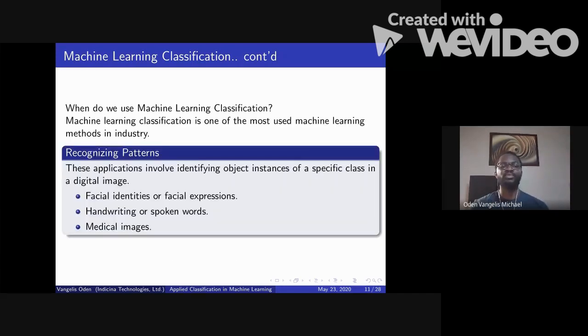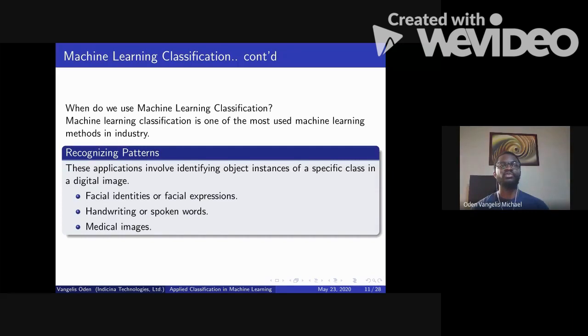So when do we use machine learning classification? Being one of the most used, we use it in recognizing patterns. Some of the applications involve identifying object instances of a specific class in a digital image. So we can check for facial identities or facial expressions.